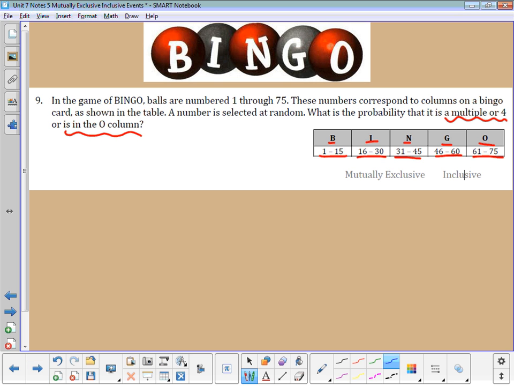So first of all, we know that there's 75 total numbers because they go from 1 to 75. Second thing, we need to know what are the multiples of 4.